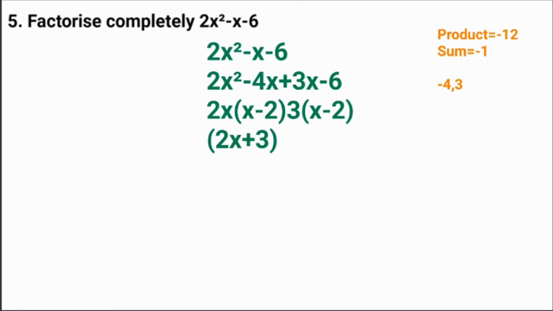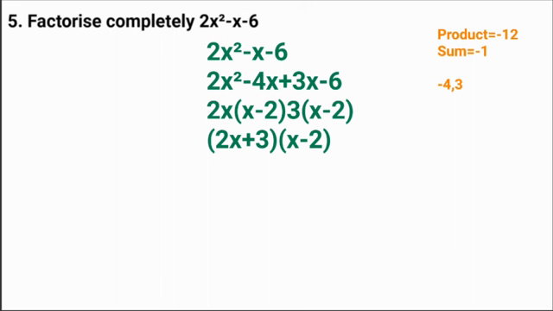Then we are going to pick one of these expressions in brackets. As you can see, they are just the same. So we're going to pick one of those. Now we can write that. Once I've done that, it means we have factorized the expression completely.